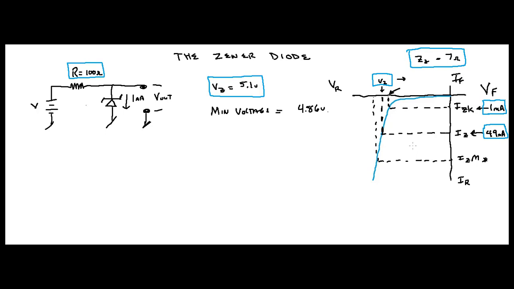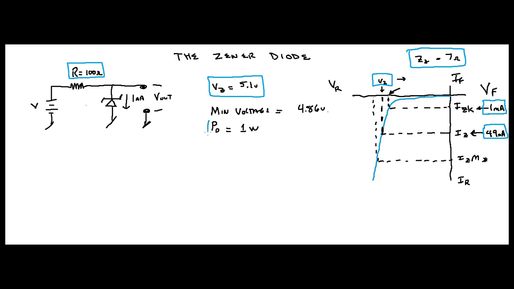That's really something important that you need to be able to understand. So for this specific diode, there's one thing here I didn't put down, I'm going to tell you. So it has a power dissipation of 1 watt, okay? 1 watt.